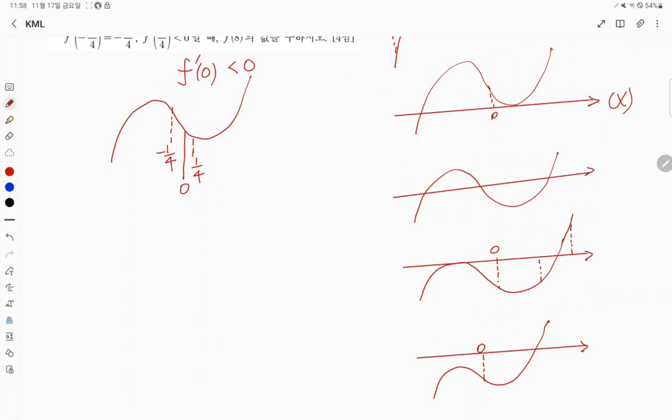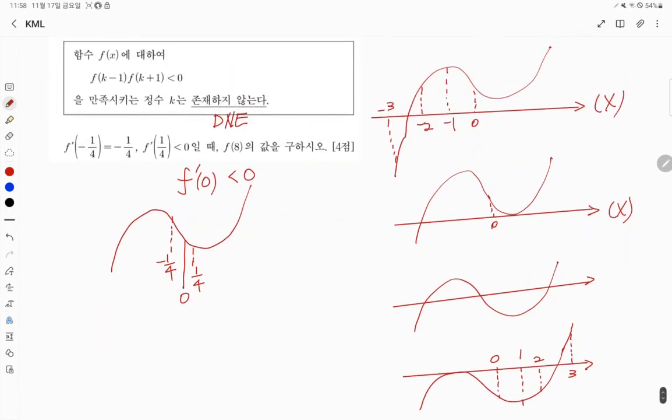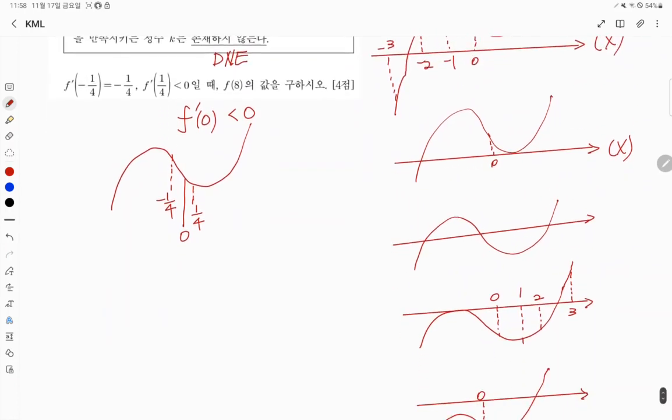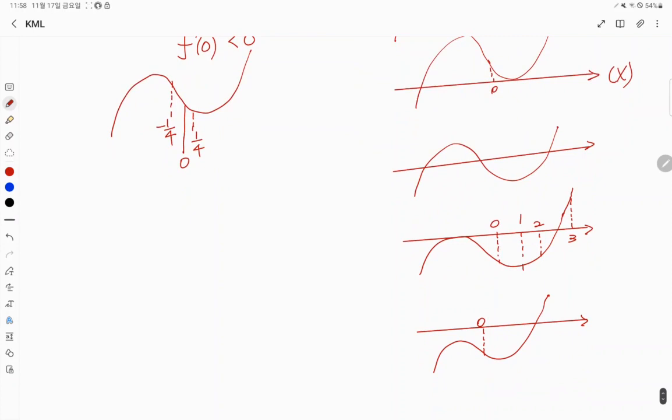Or when the positive root is greater than or equal to 2 and less than 3, now the integer 2 satisfies this inequality because f of 1 is negative and f of 3 is positive.